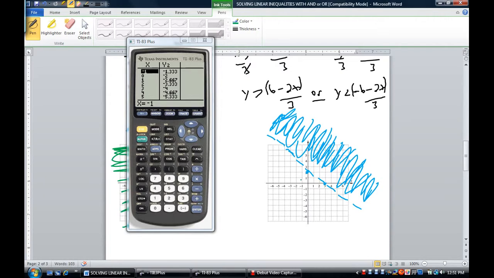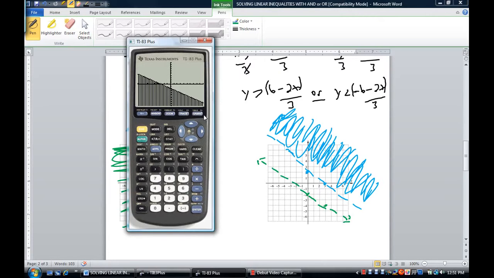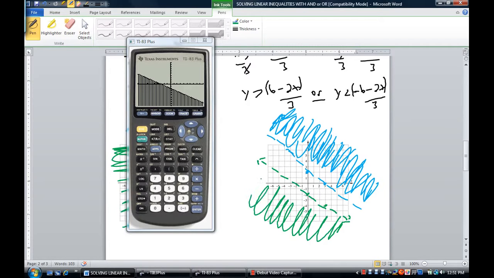I'm going to use 0 and negative 2, and 3, negative 4. Just want to make sure. 0 and negative 2, 3, negative 4. Dash line again. And let's hit graph again. Below.